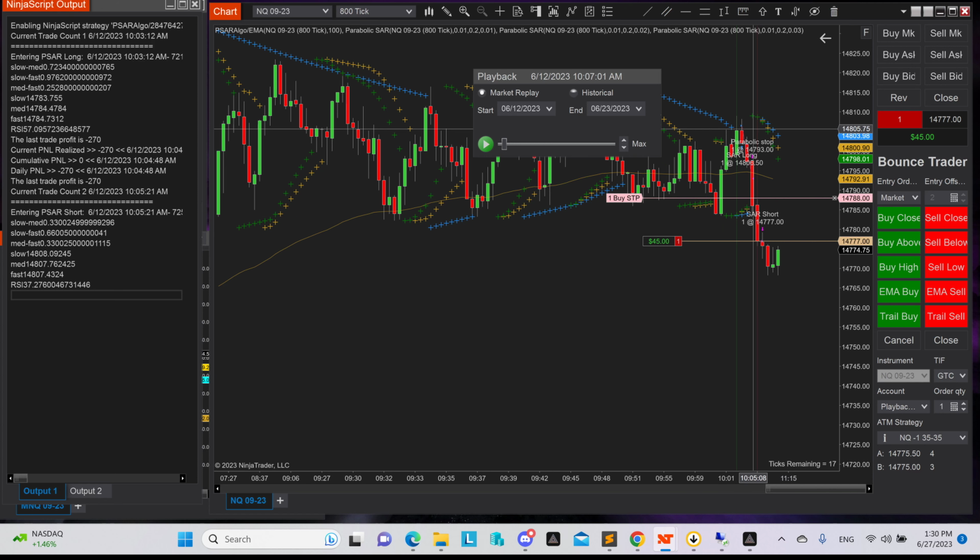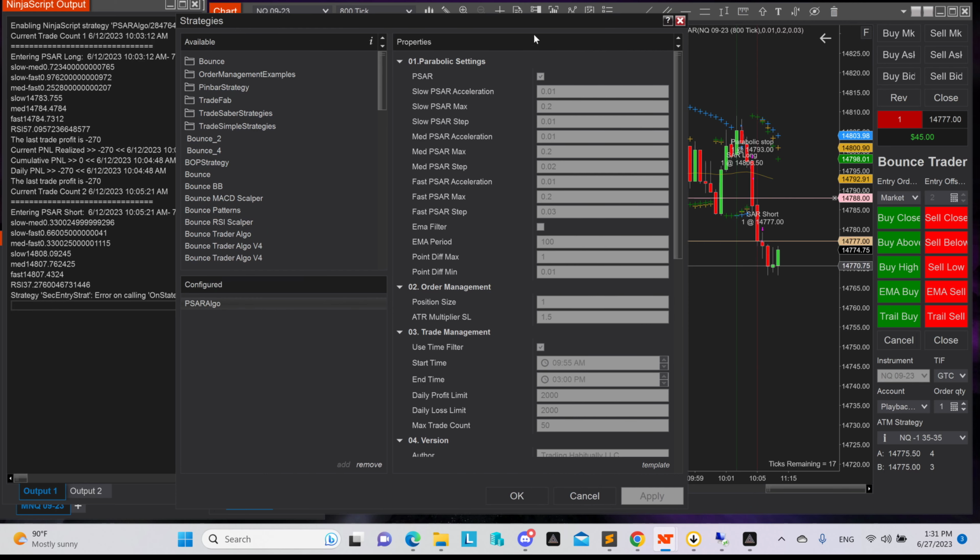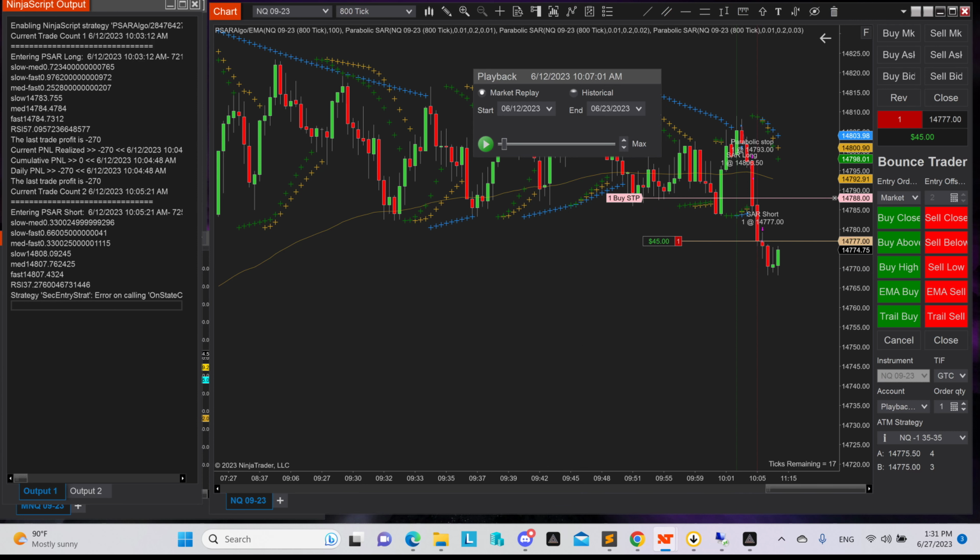And it opened short because all those SARs, green, yellow, and blue, were above the price, and the distance between them, the maximum was 1 and the minimum was 0.01.